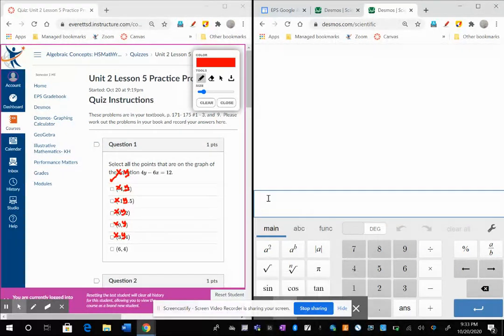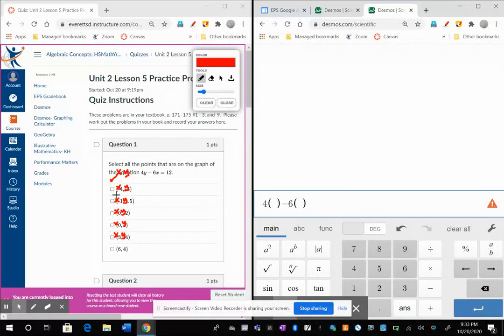The nice thing about Desmos is you can see all of your work. Remember, I am going to be plugging in numbers for x and y, and this particular equation has y first and then x, and then the answer will spit out over here, and I will see if it equals 12.